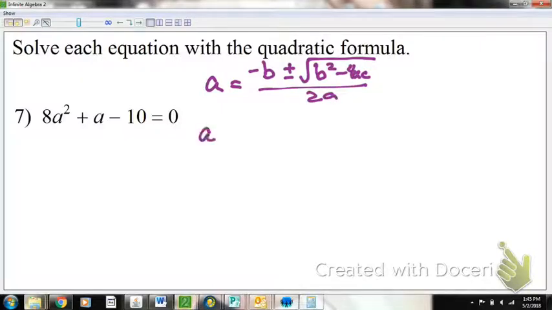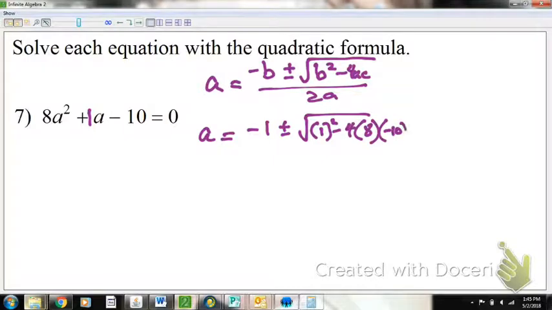And we're going to make those substitutions and do some simplifying. Our b value here is positive 1, so that's going to be negative 1 plus or minus 1 squared, minus 4 times 8 times negative 10. Don't forget the negative 10. You miss the problem if you lose that. That's all divided by 2 times 8, which is our a value.